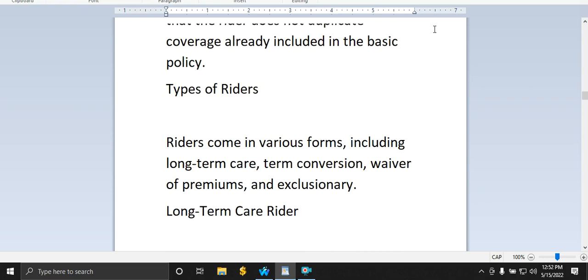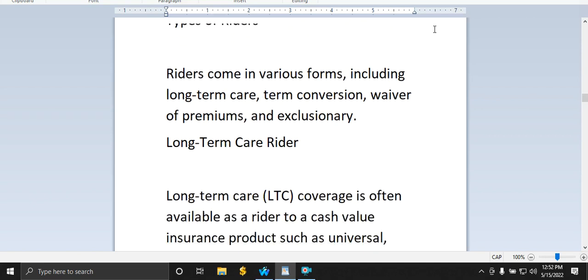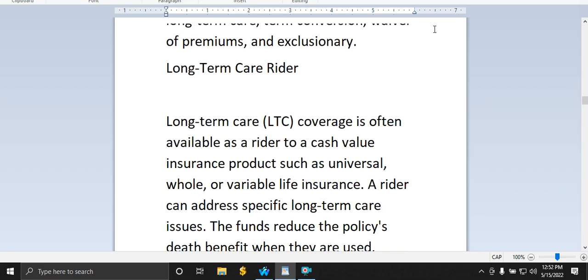These types of riders come in various forms, including long-term care, term conversion, waiver of premiums, and exclusionary riders. LTC is the abbreviation of long-term care.